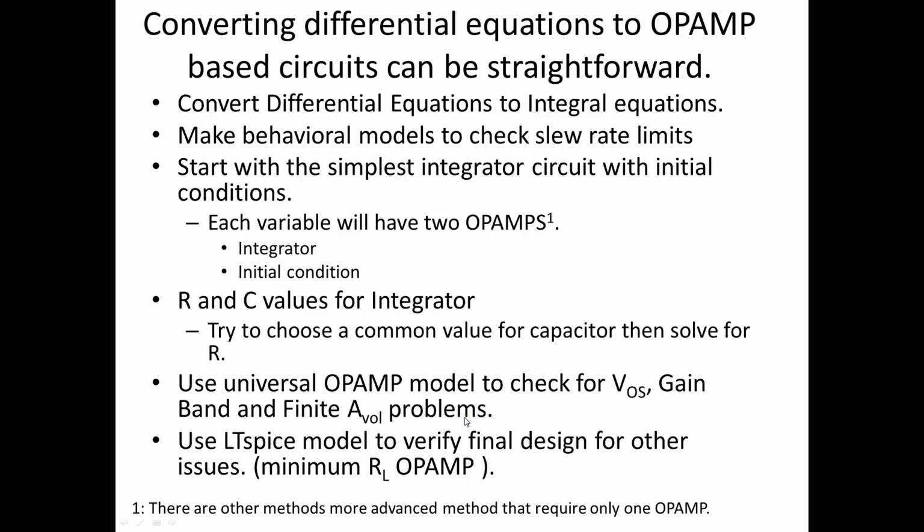Then once everything's working there, you can use the LTspice model, meaning if you're using a 1006 or some other op-amp, you can use their model directly. It won't simulate offset voltage, but it will simulate the fact that there's a minimum RL required for most op-amps, which is about 2 kilo ohms.